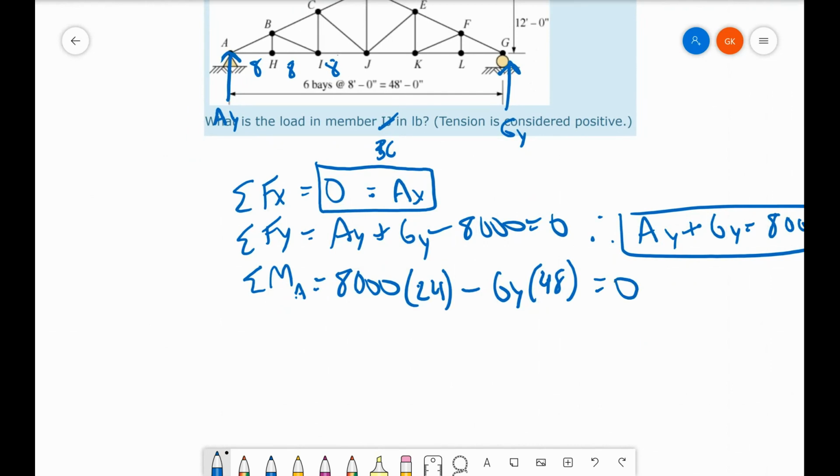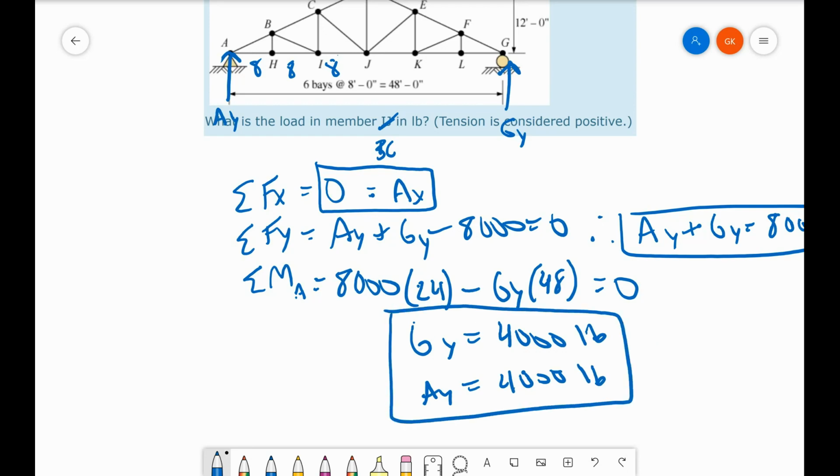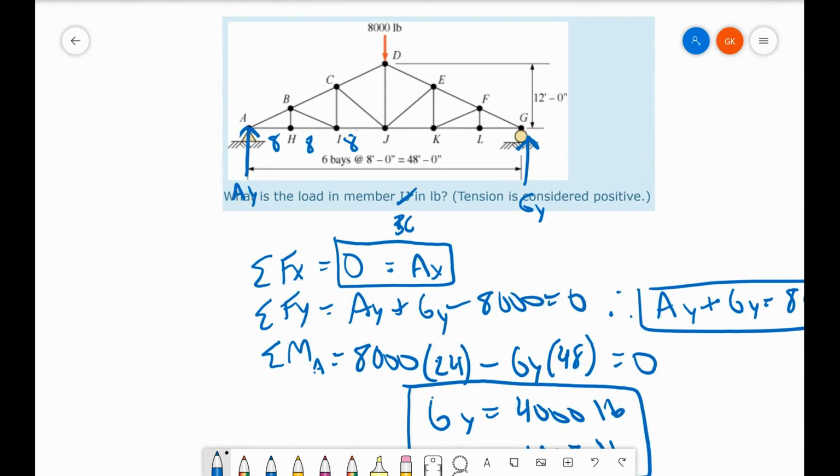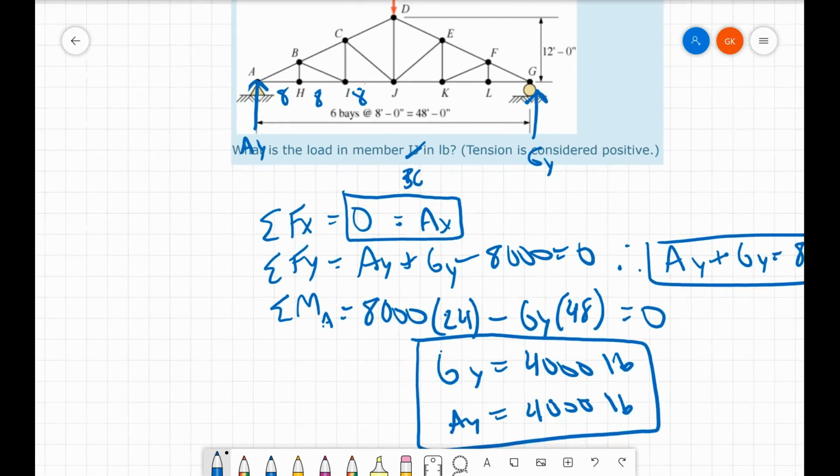That should all equal 0. If I solve that, GY equals 4,000 pounds, and AY will equal 4,000 pounds. And this does make sense from symmetry. Because there's only one force in the middle, two forces on the outside.